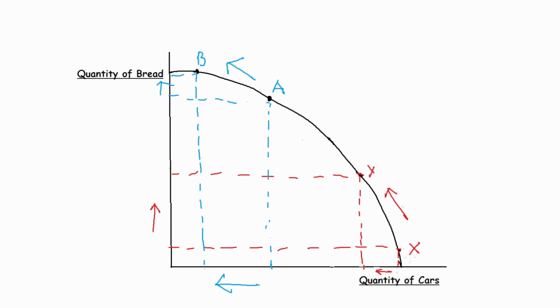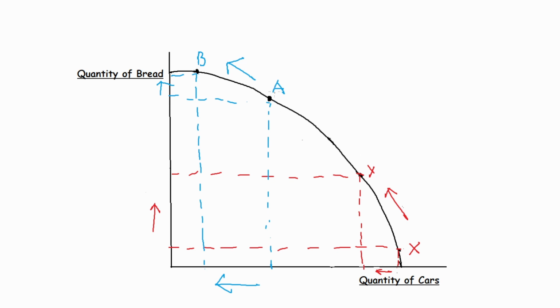Let's say you move from point X to point Y, where at point X you're producing the extreme amount of cars. In this case, the economy is able to produce a lot more bread by only giving up an opportunity cost of a few cars.